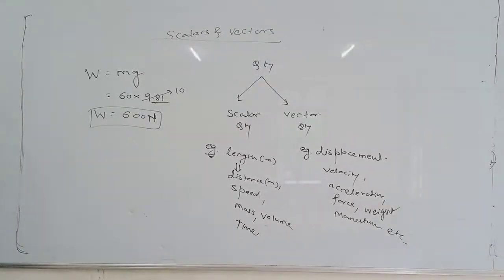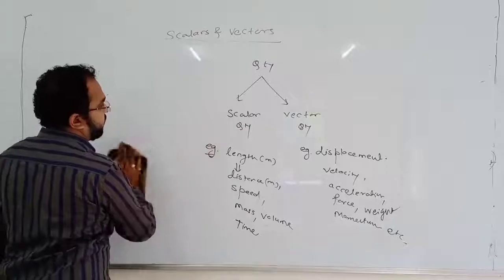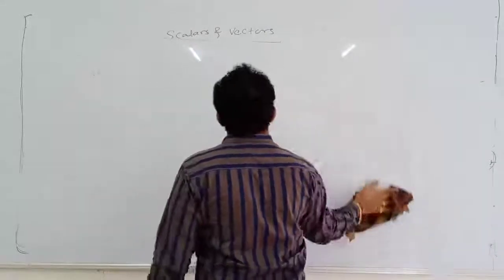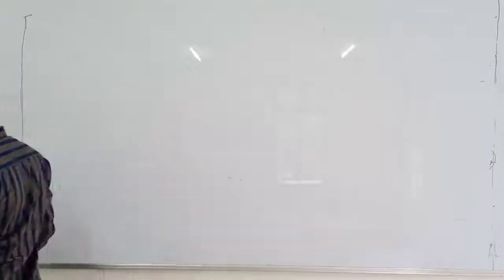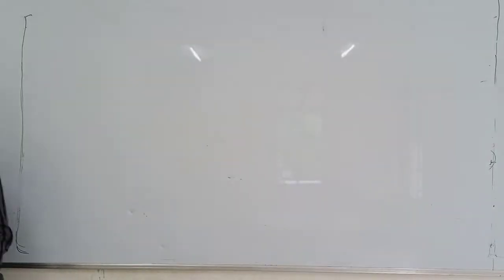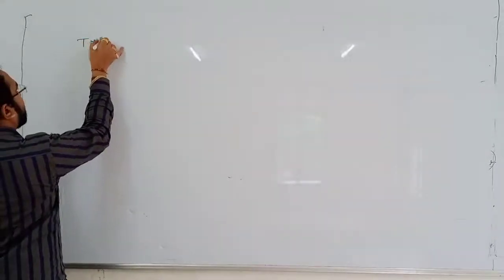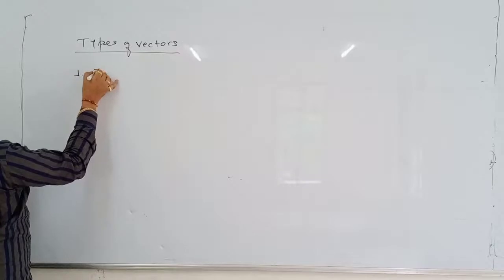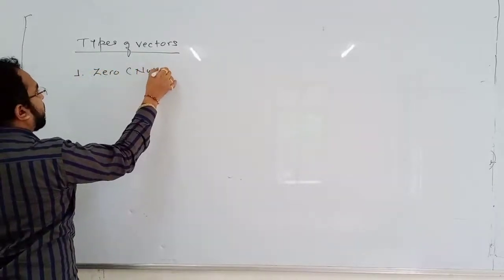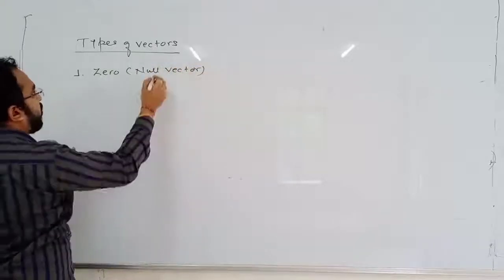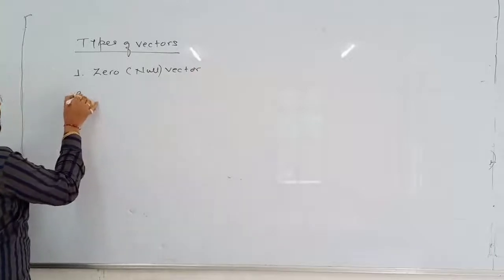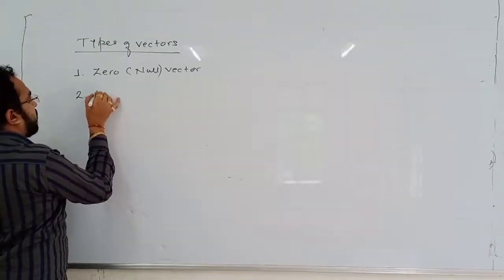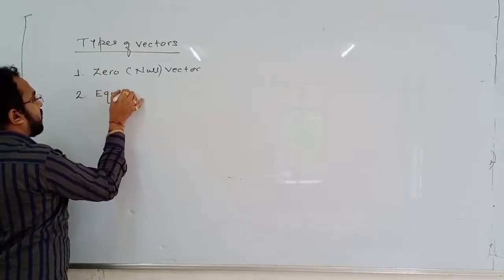Now next we will see types of vectors. So first, zero or null vector. Second type, equal vectors.